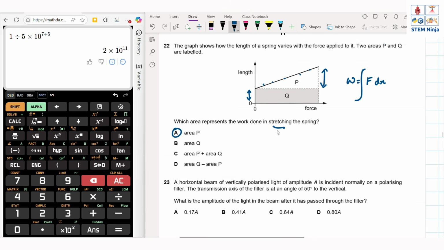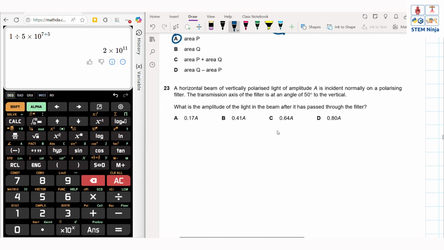All right, let's move on. A horizontal beam of vertically polarized light of amplitude A is incident normally on a polarizing filter. The transmission axis of the filter is at an angle 50 degrees to the horizontal. What is the amplitude of the light in the beam after it has passed through the filter?